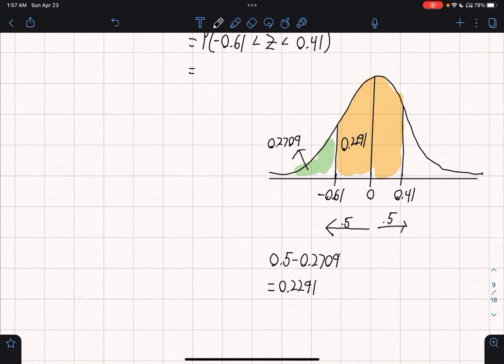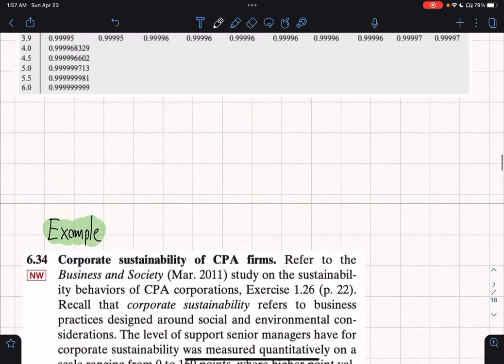Okay, and now for this area, we still need to find that. So I think I'm just going to look up the positive value, 0.41, and then I'll just subtract off our 0.5. So let me go to positive 0.41.